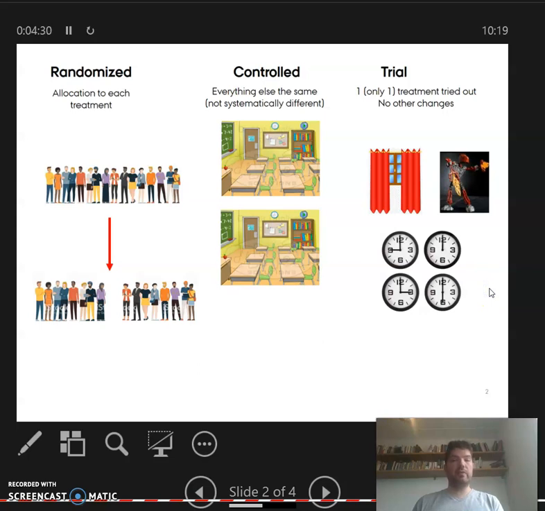And we want these very controlled environments because we want to make sure that the two different groups are as similar as possible, in as similar environments as possible, and only exposed to one particular treatment. Whether it's how they build Bionicles, or whether it's the curtain, or whether it's the time of the day when they engage in tests. Any kind of treatment we could imagine, to make sure that there is only this one difference between the groups that we have in mind.